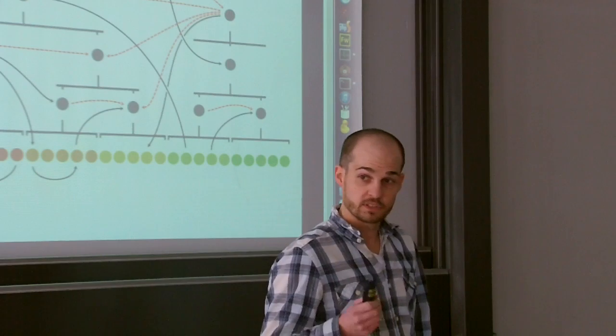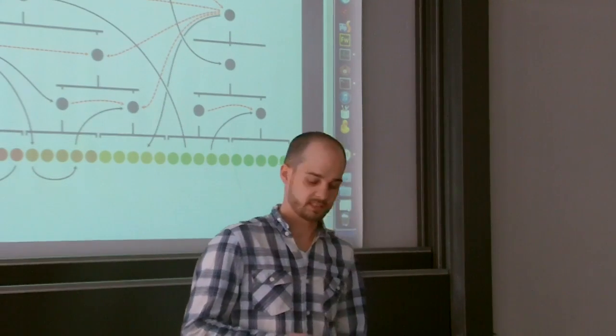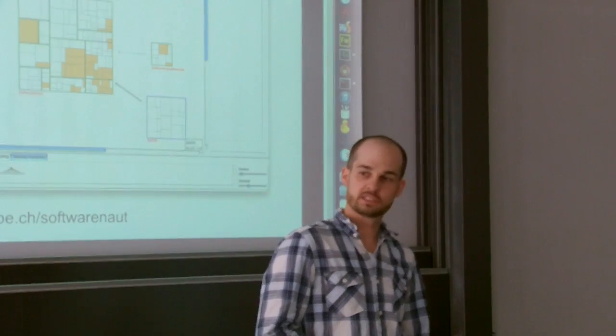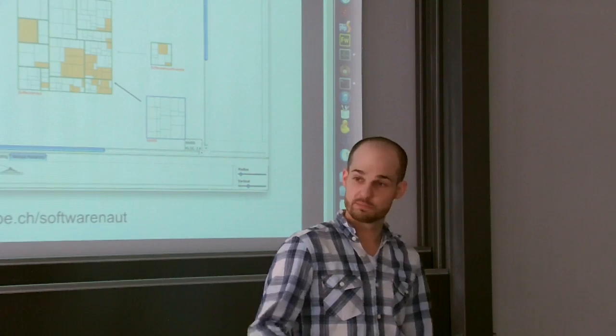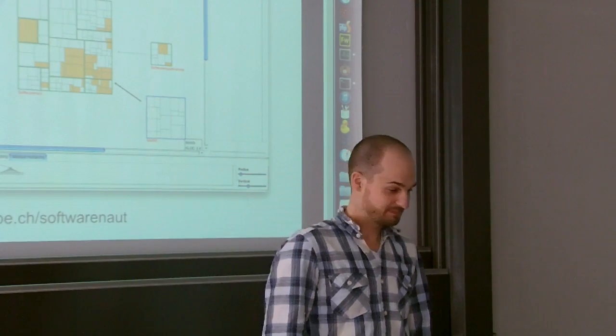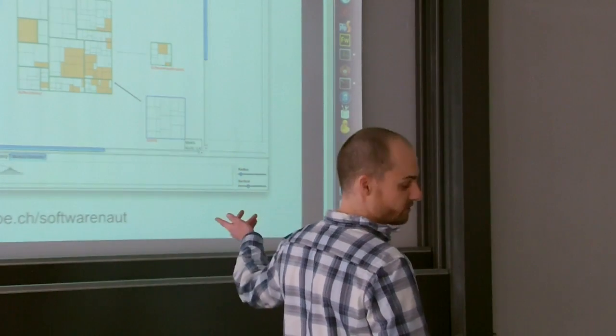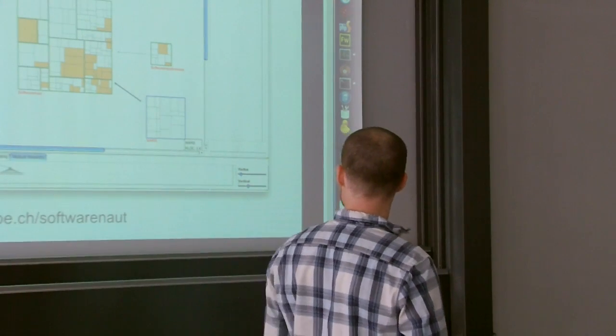Now, a tool that exists that uses this technique already is Software Node. This is a screenshot of Software Node. Software Node is developed by Mircea Lungu. And so, if you want to get some more information, there's a link to it.